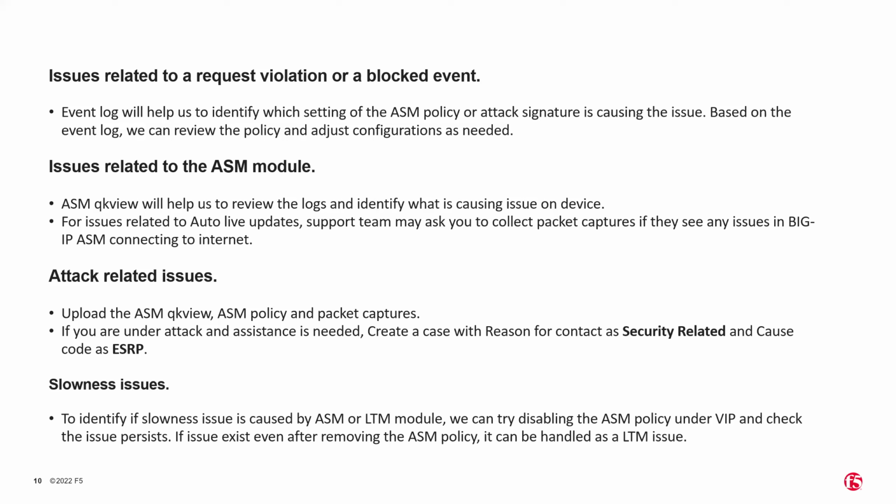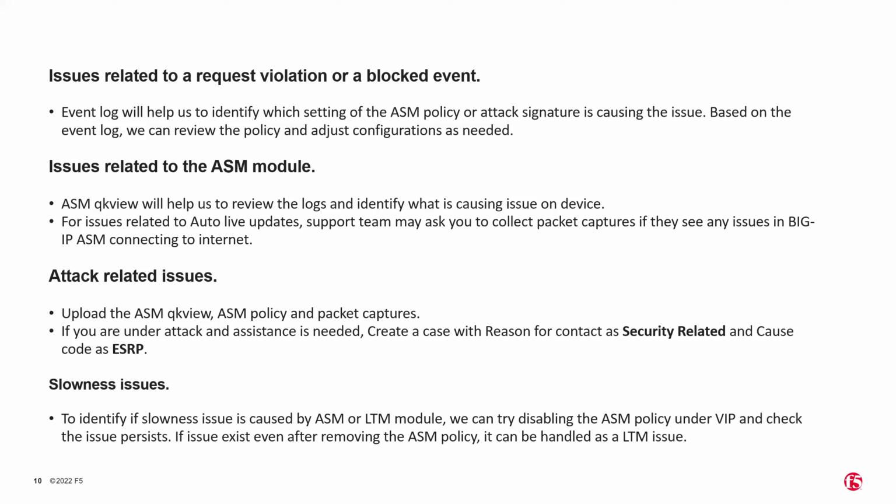Then, attack related issues. There are generally two things. If you are under attack, and you are using ASM and you don't know what to do, if you're still under attack and you need immediate assistance, you can engage the F5 support team.